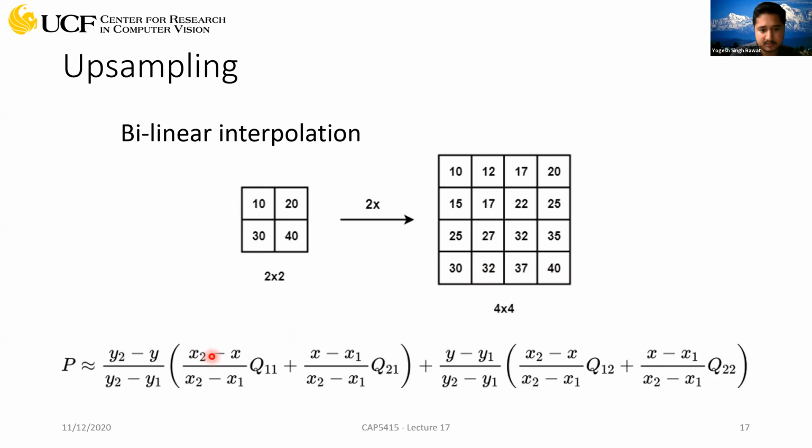So this becomes 3/4, and Q11 is 30. So 3/4 and then 30 times. You can maybe take a pen, and I'm just doing it in my mind. So 3/4 and then 30, and the other one, this is distance 1. Okay, so X minus X1, and again this is 4. So 1/4 and then by 40.